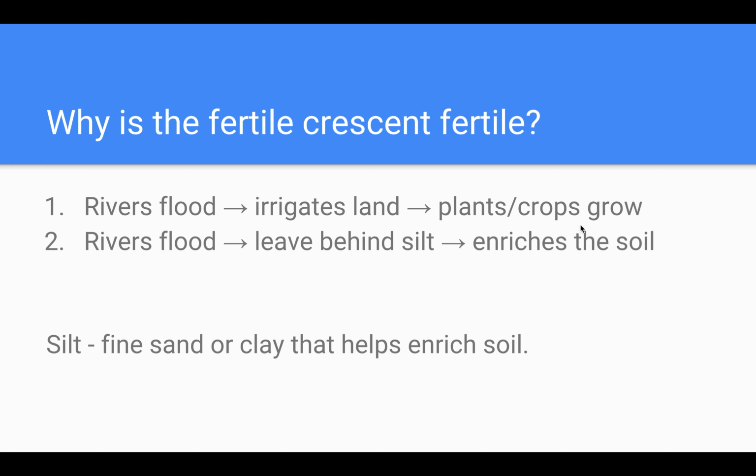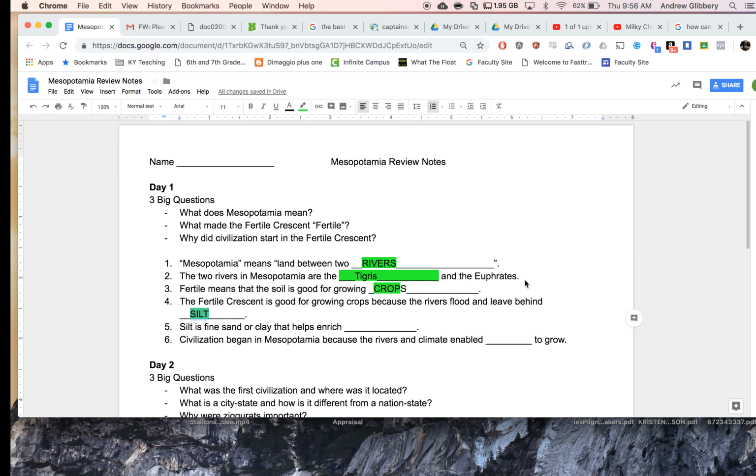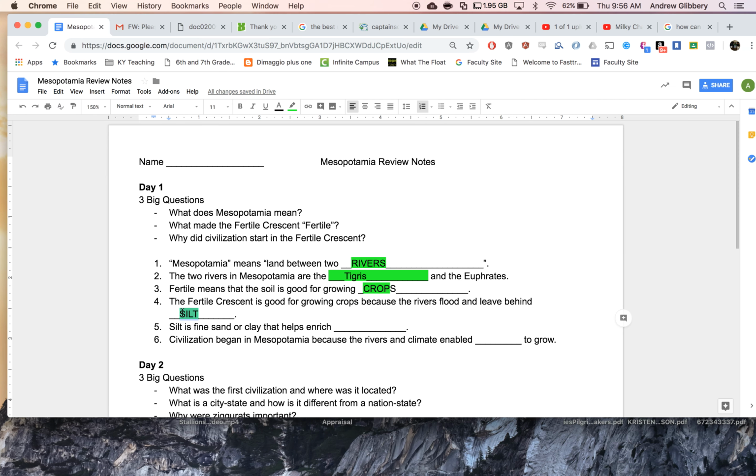One reason plants and crops are able to grow is because as rivers flood, they leave behind silt. That's this fine sand or clay, and that silt helps enrich the soil. So the soil is filled with nutrients because of the silt, and that's going to help these plants and crops to grow. So on your notes, number 4 we said was silt. Number 5, silt is the fine sand or clay that helps enrich soil.